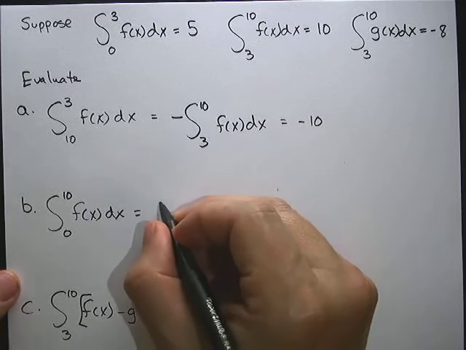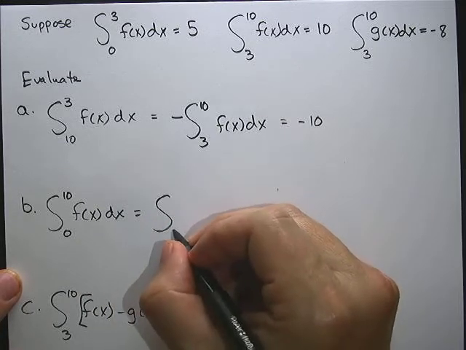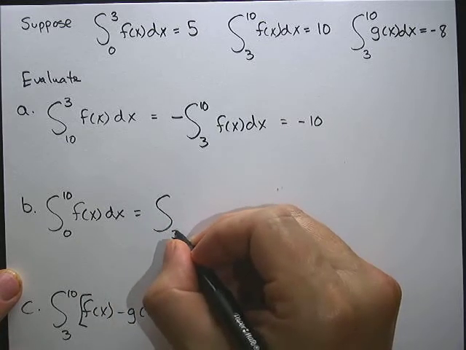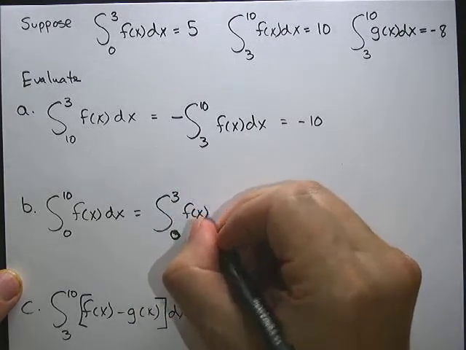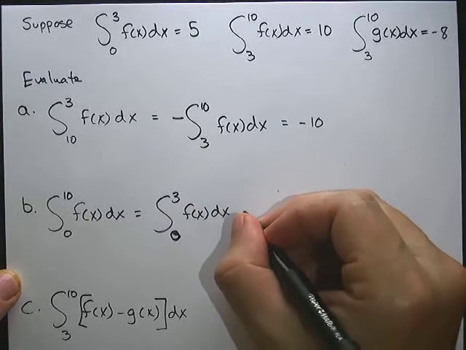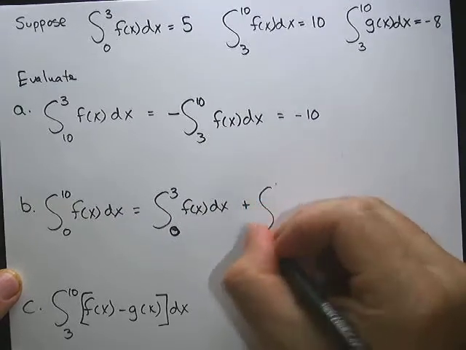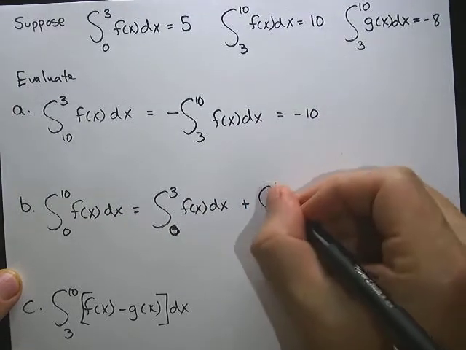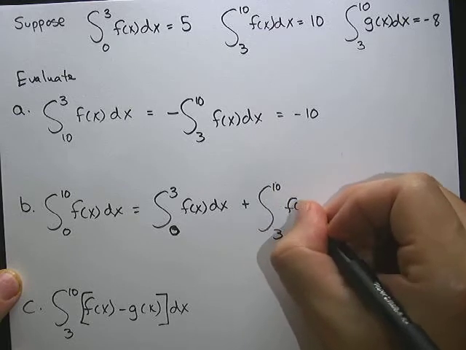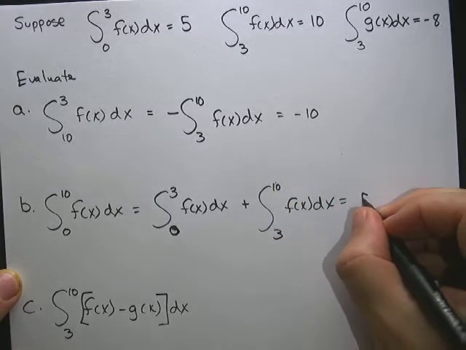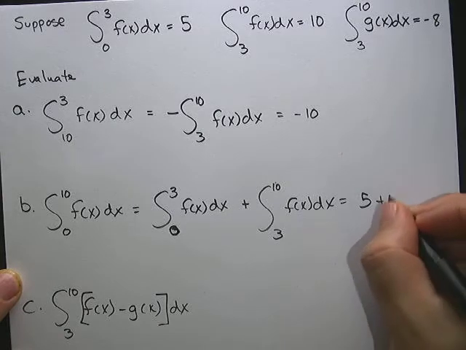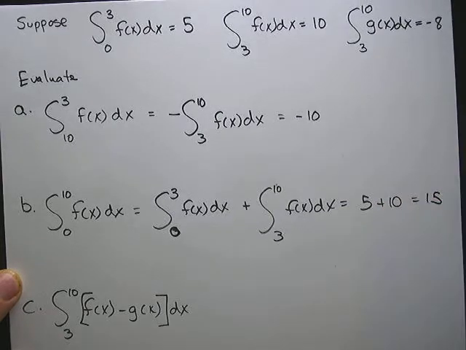So this is the same thing as the integral from 0 to 3 of f of x dx plus the integral from 3 to 10 of f of x dx, which will give us 5 for the first one, 10 for the second one, so our answer is 15.